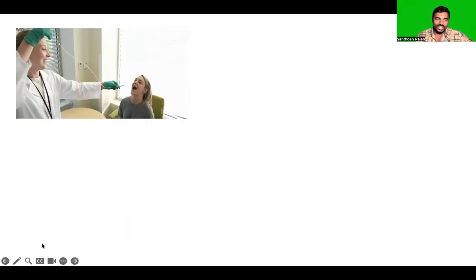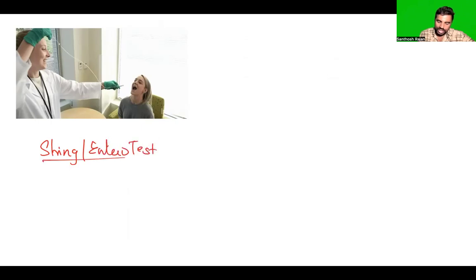So you know very well, this is the string test, or entero test, which is very characteristic for Giardia. Some people also call it the capsule test.